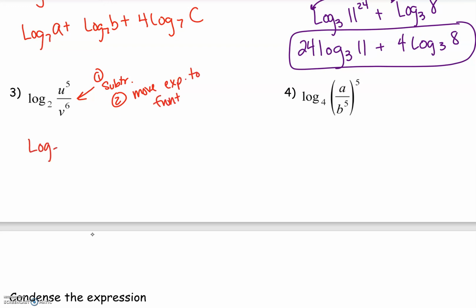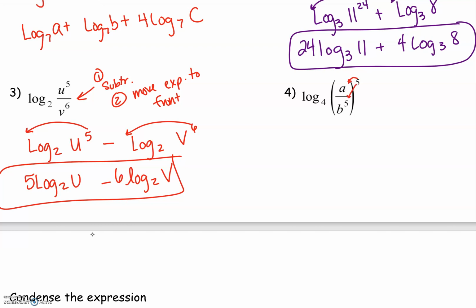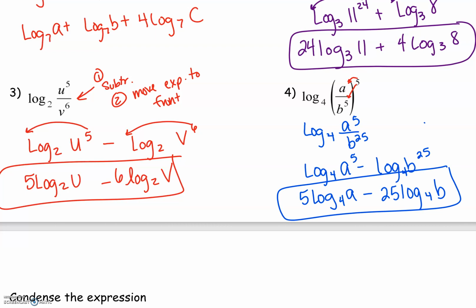So log base 2 of u to the 5th minus log base 2 of v to the 6th, and now we will move our 5, move our 6. There we go. All right, so if you want to try this next one, go ahead. Just make sure to distribute this 5 to each of those, and then split it up with our subtraction, and then move those exponents. All right, go ahead and check your answer for number 4.